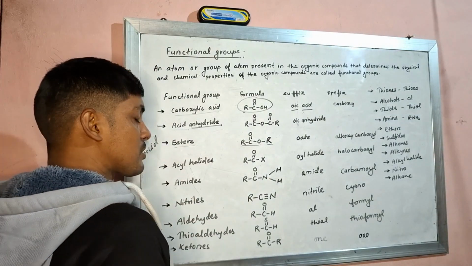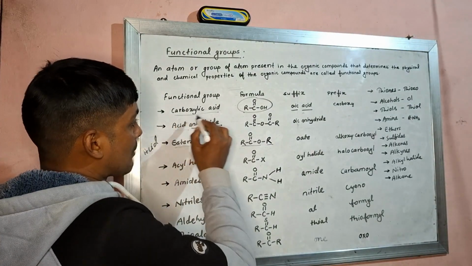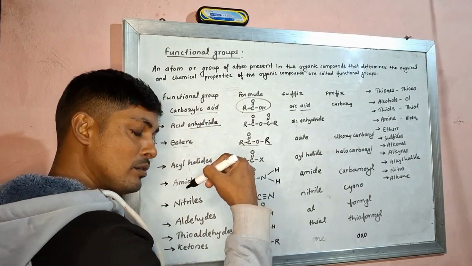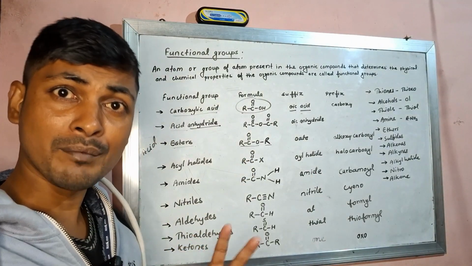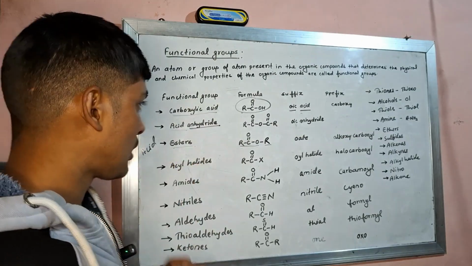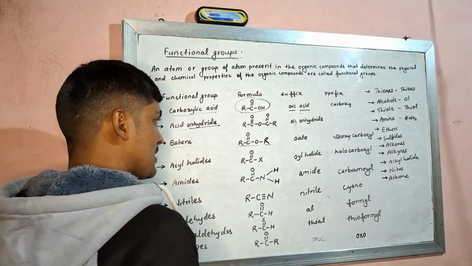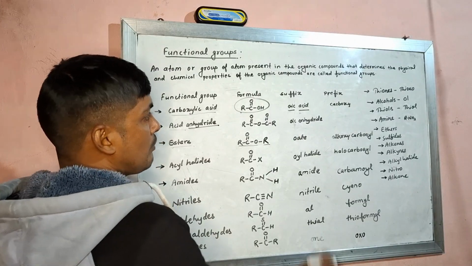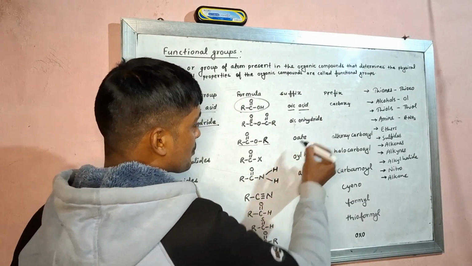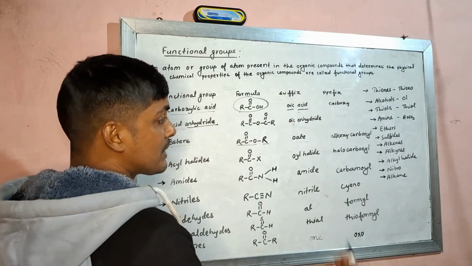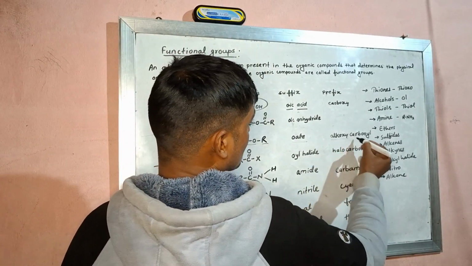So this ester means the combination of carboxylic acid and alcohol, but by removing water from that combination. So it is called ester, and for the esters we use the suffix oate, but when they come in prefix, then we use the word alkoxycarbonyl.